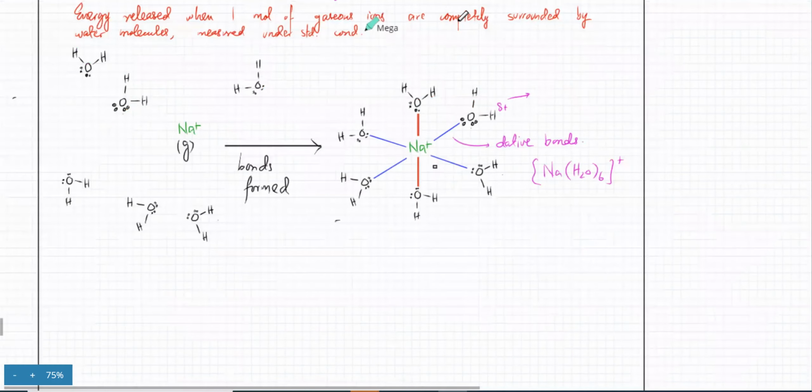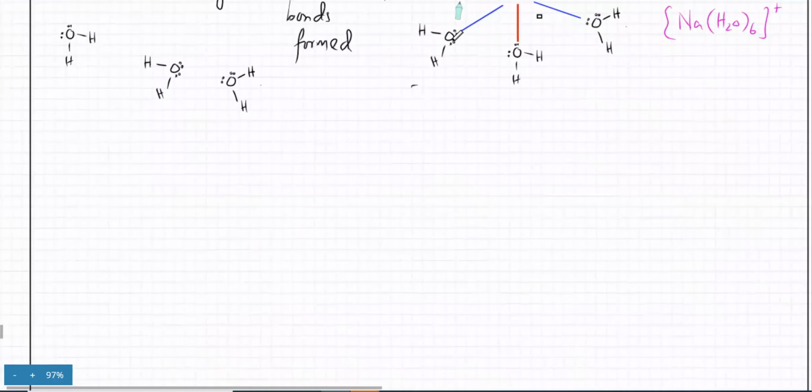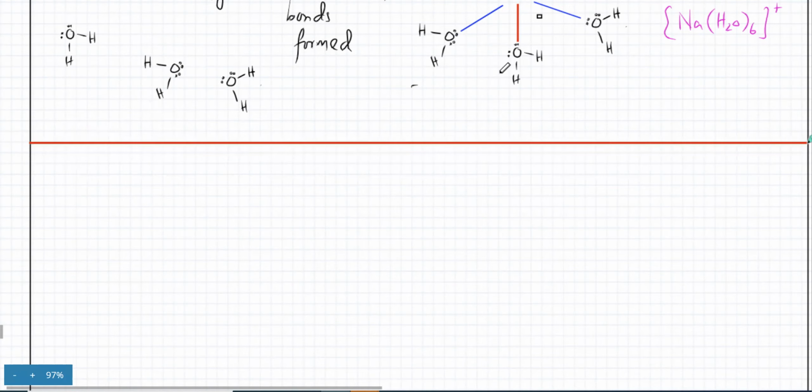Yes, sir. So now what we're going to do is make a small Hess cycle. That small Hess cycle is going to be about solution.